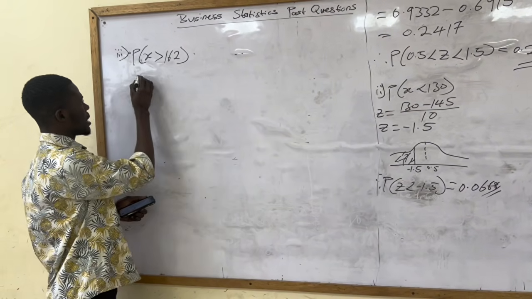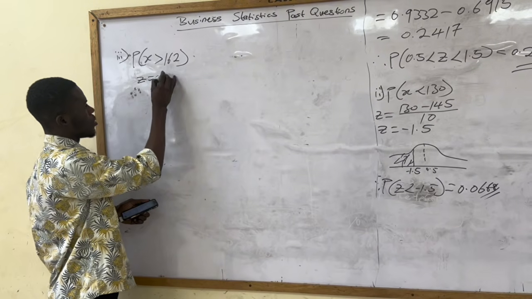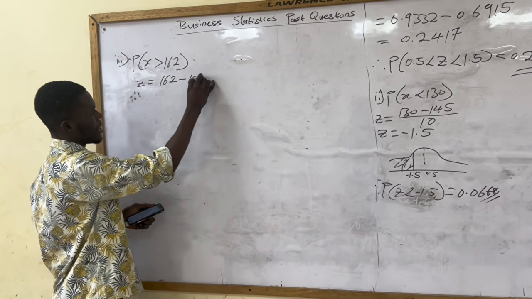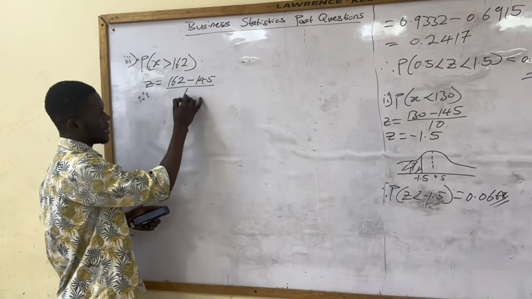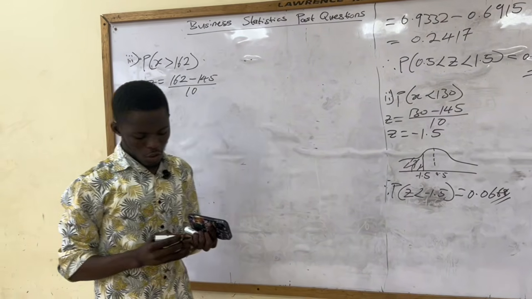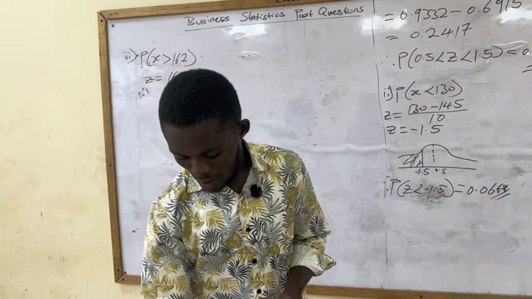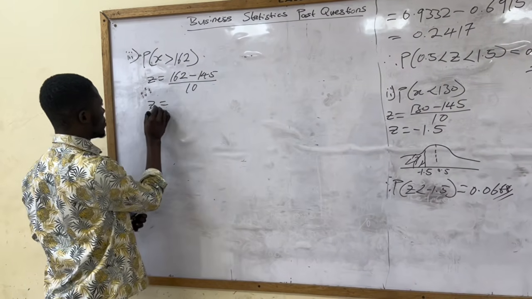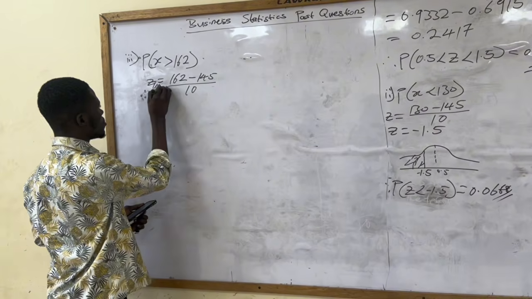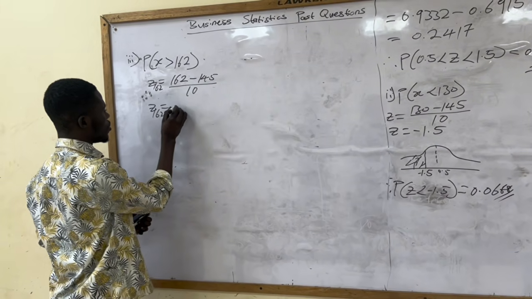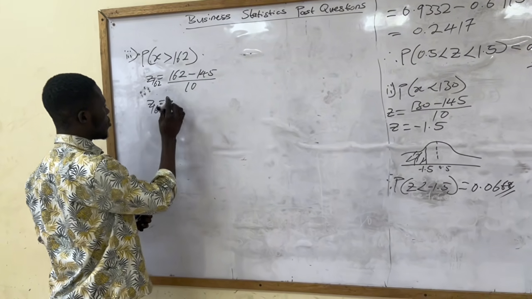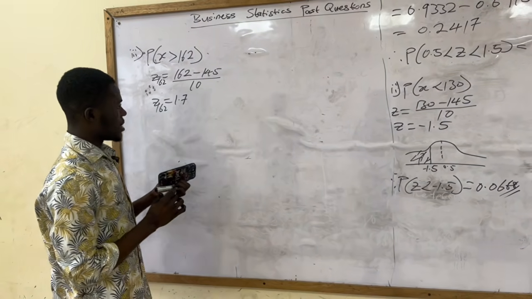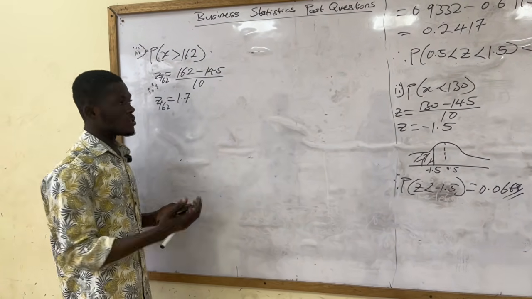In the formula, we get z equals 162 minus 145, divided by 10, which is the standard deviation. So if we calculate this, we will get z of 162 to be 1.7.